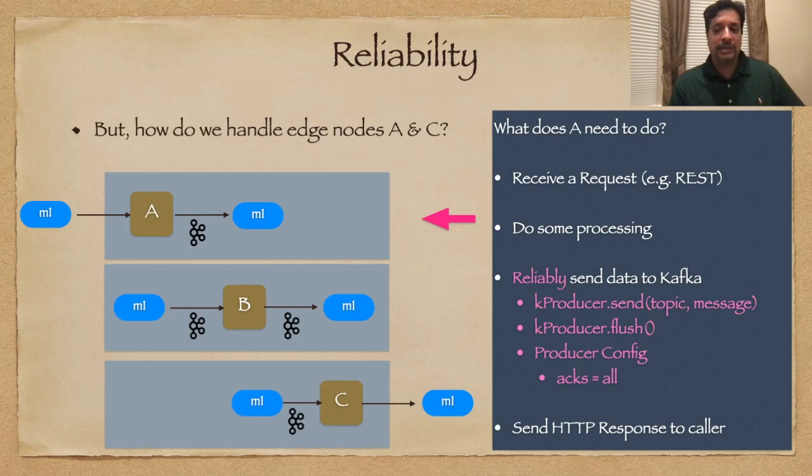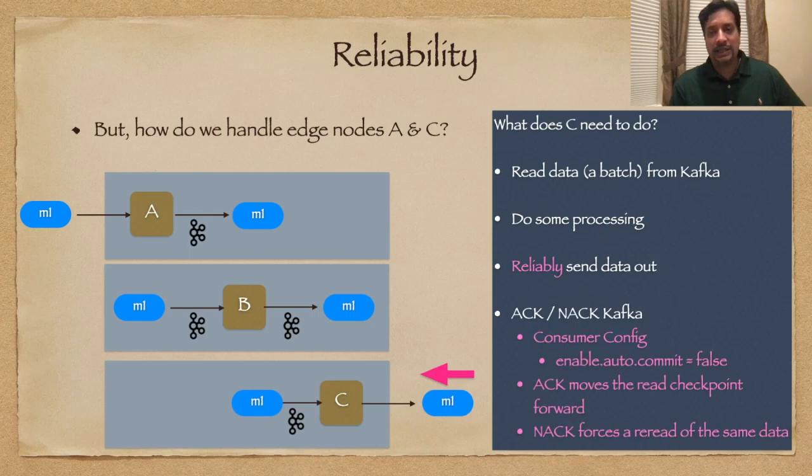It will then immediately need to call flush, which will flush internal Kafka buffers and force the messages to be sent to all 3 brokers. And since we have producer config acks equal all, it will wait for an acknowledgement of success from all 3 brokers before it can respond to its caller.